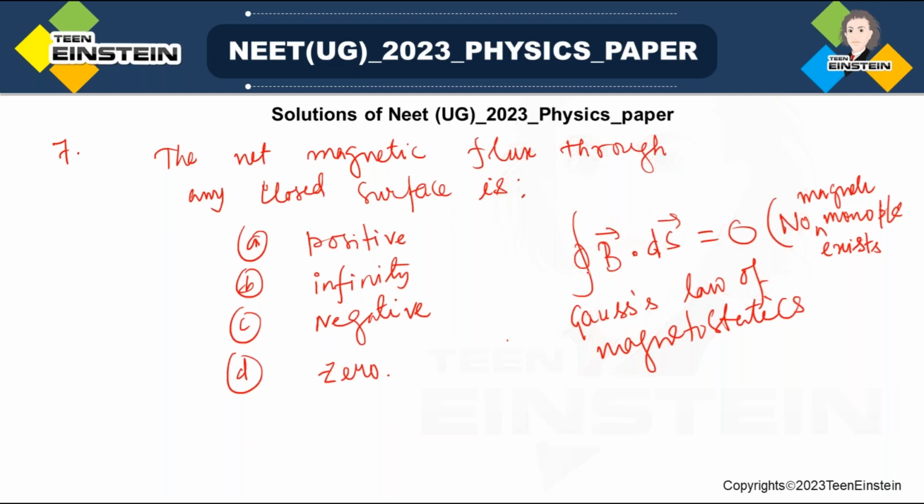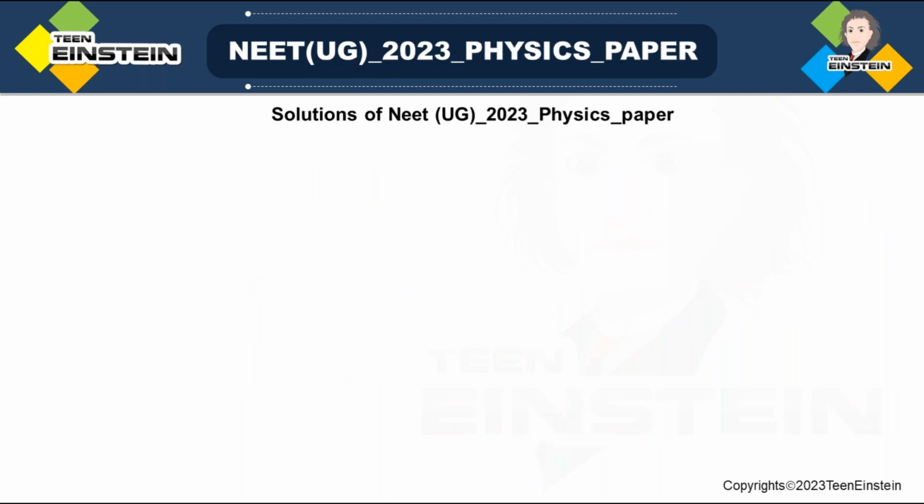No magnetic monopole exists. So it will be the D. Now I will take another problem.